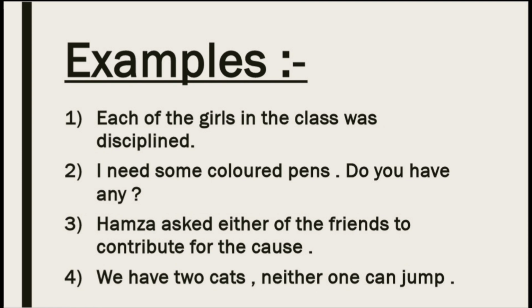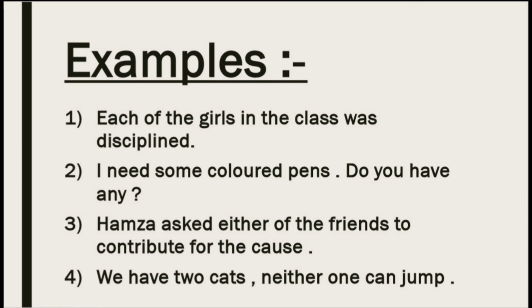Similarly, we have some more examples. I need some colored pens, do you have any? Your meaning is you are talking about colored pens, and that any refers to colored pens. Next is, Hamza asked either of the friends to contribute for the cause.